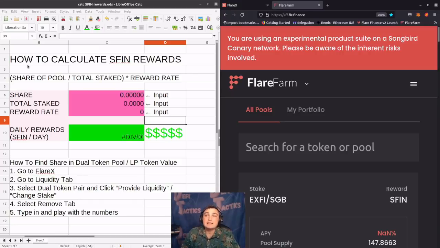As you can see, I've got this how to calculate SFIN reward sheet. The actual equation that we're going to use is our share of the pool divided by the total number of staked tokens times the daily reward rate. That will give us our daily rewards calculated in SFIN per day.